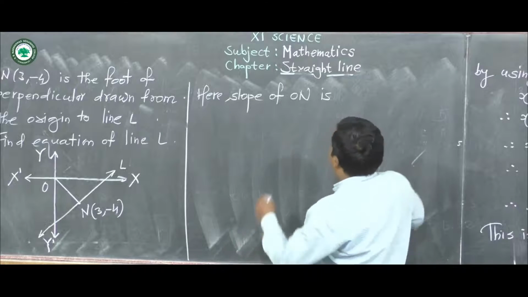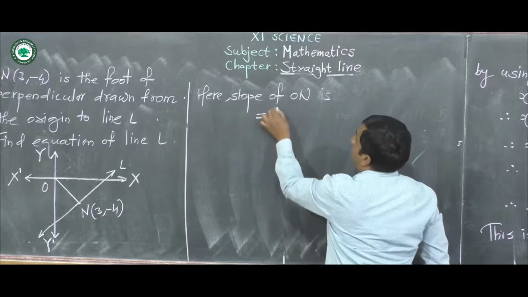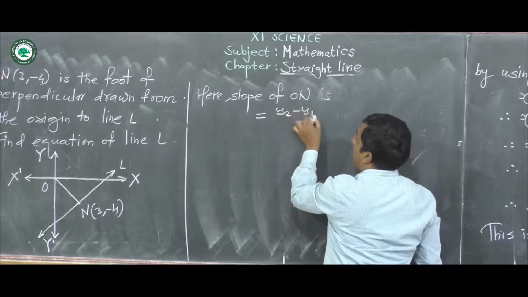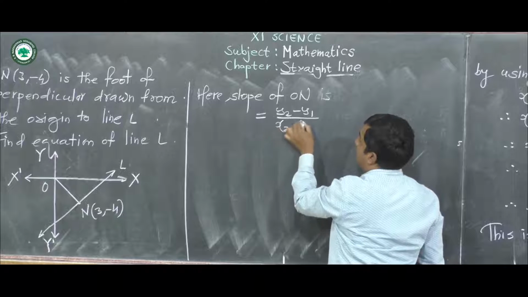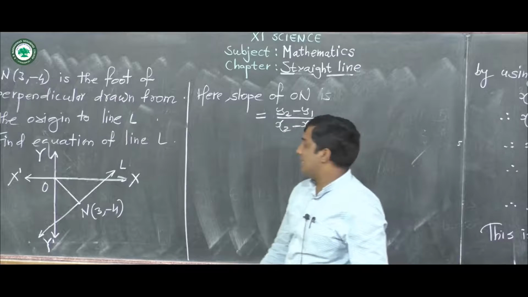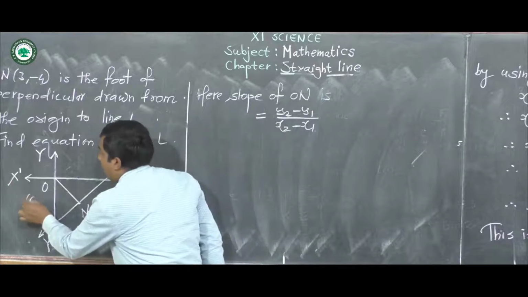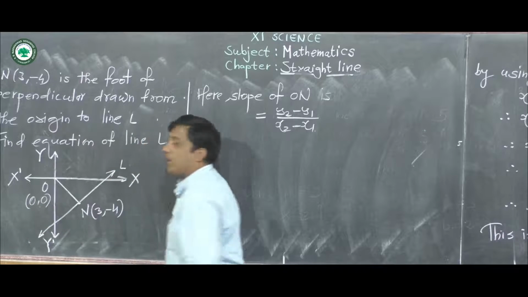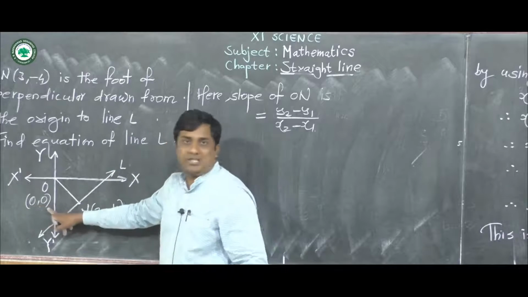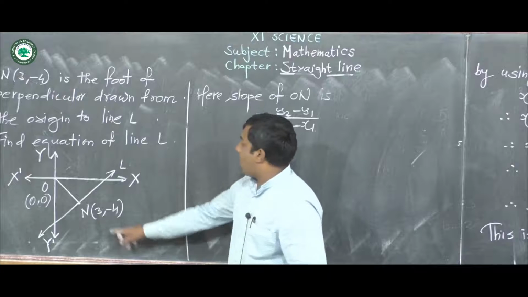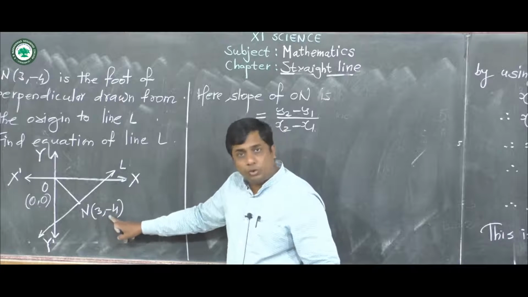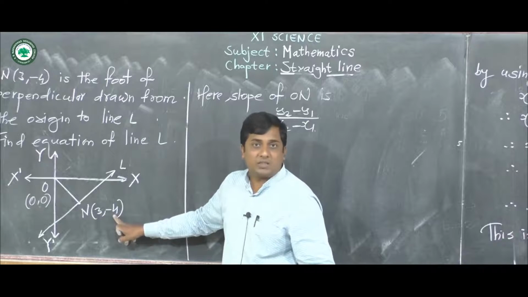Here slope of ON is equal to y2 minus y1 upon x2 minus x1. Let us consider here coordinates of origin as x1, y1 and are 0, 0, and coordinates of this N as x2, y2 and are 3, minus 4.